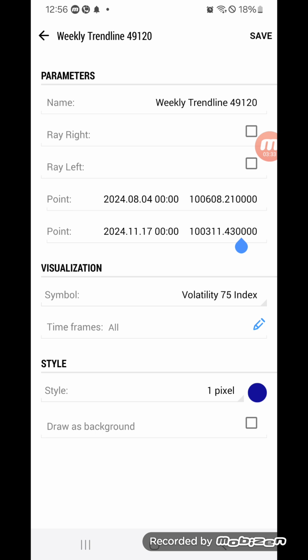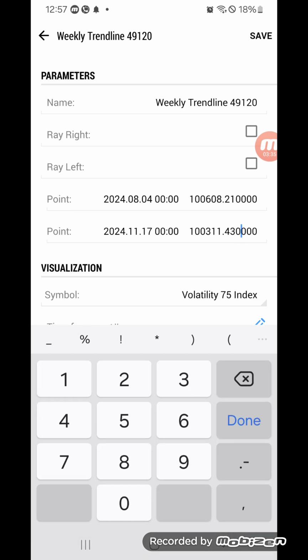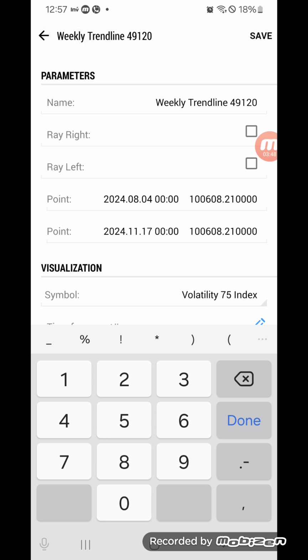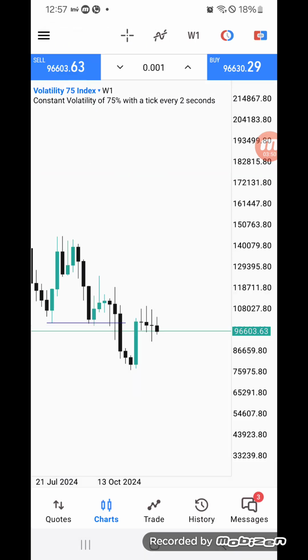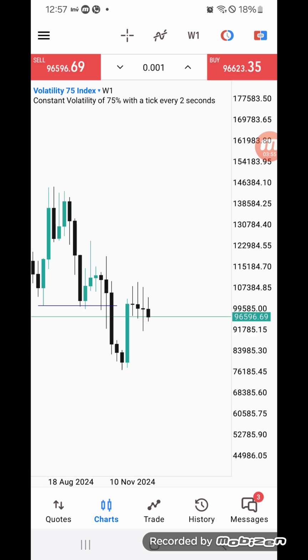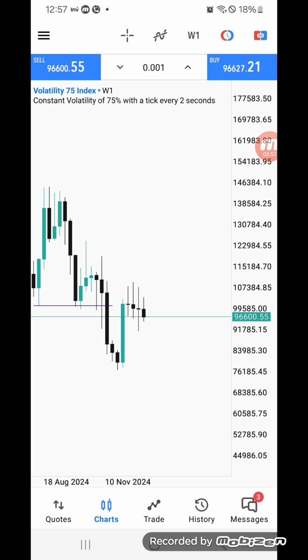You can see there is a break of structure. Sorry, I'm making these lines a bit straight, as you can see. That's now what I'm talking about. That's a break of structure.